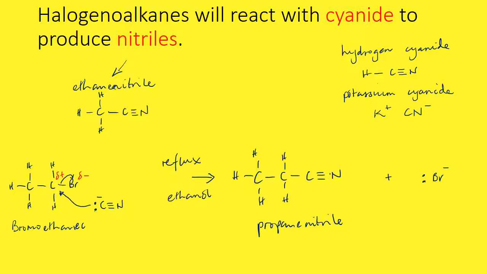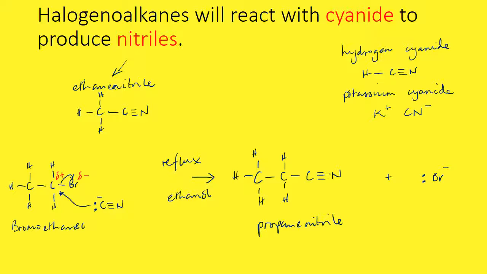So refluxing is when you heat the reaction mixture, and to save losing your volatile reactants before they can react, you attach a condenser to the top of the reaction vessel so that any vapors that come off because you're heating it will condense and drip back down into the reaction mixture, giving them a good chance to react. So they're the reaction conditions you need to make that reaction happen. And if you do so, you can make some propane nitrile.